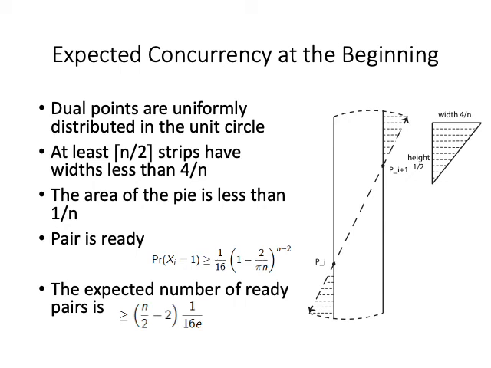So the pair is ready with probability 1 divided by 16 times 1 minus 2 over pi n to the power of n minus 2. And since there are at least n divided by 2 strips with widths less than 4 over n, the expected number of ready pairs is linear.